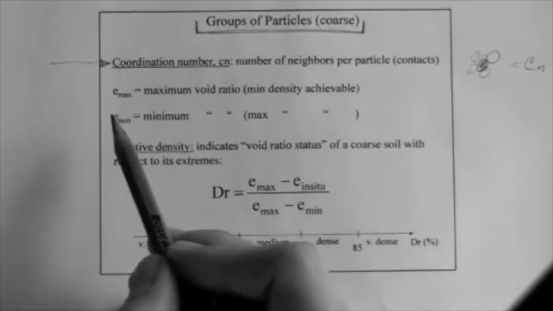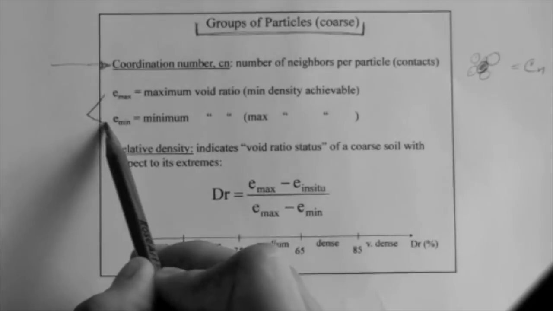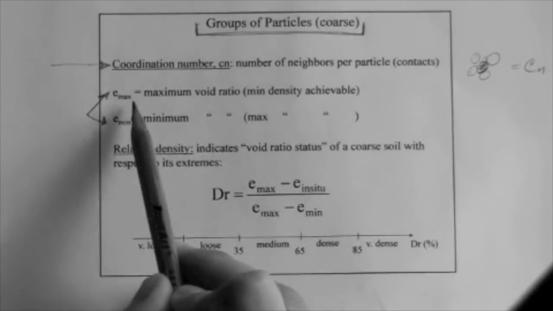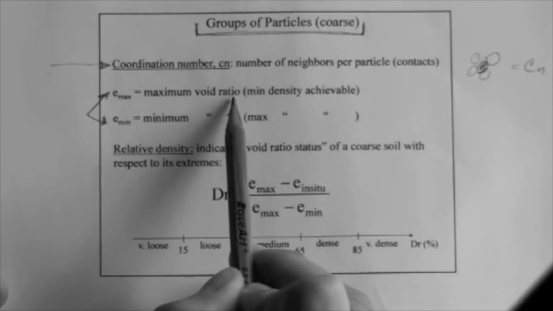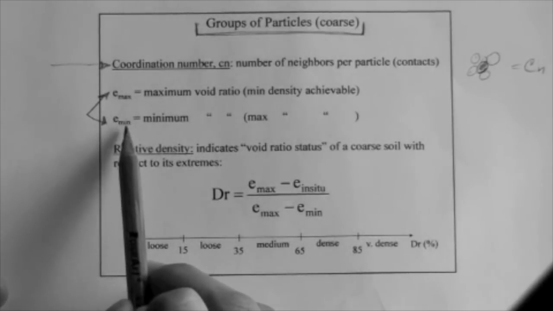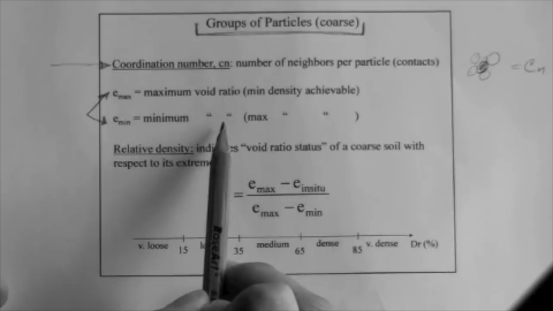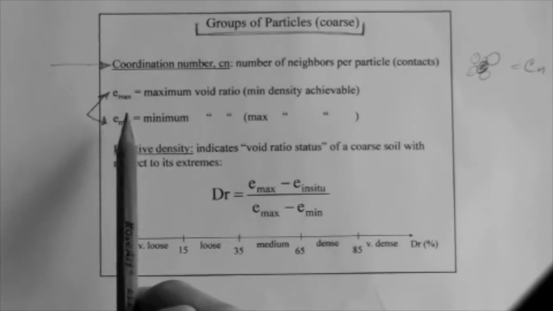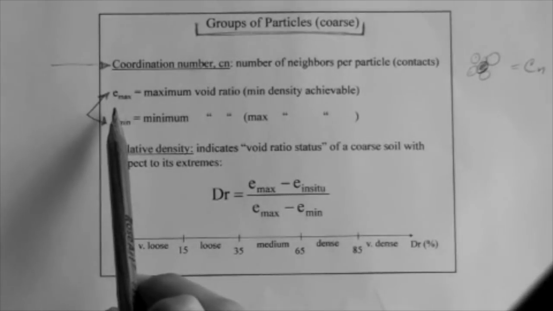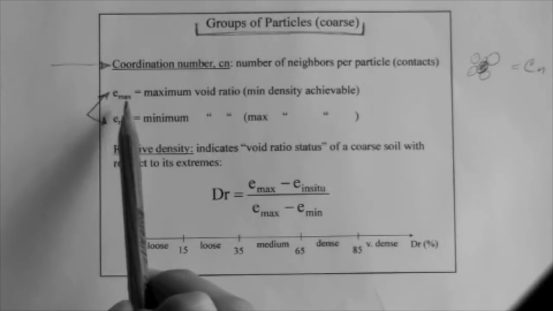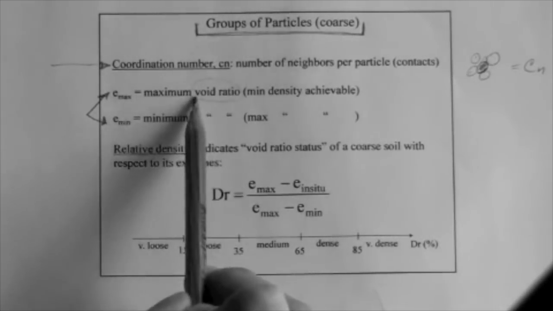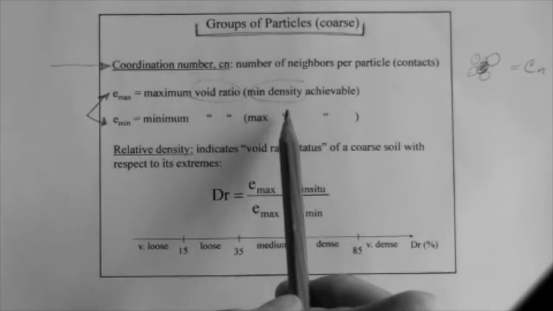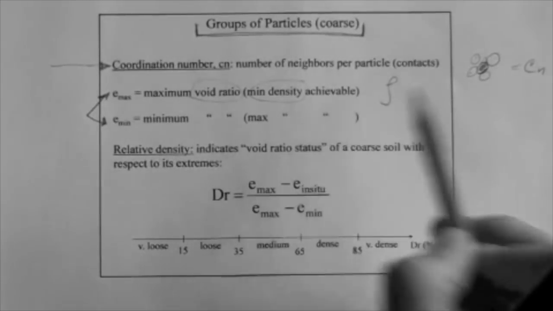Here are two definitions that are very important for coarse-grained soil: the Emax, or the maximum possible void ratio, and the Emin, which is the minimum possible void ratio. Now you know that if a coarse-grained soil exhibits a large void ratio, then it exhibits a low density. Remember that density is rho.